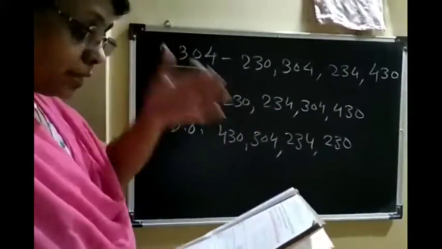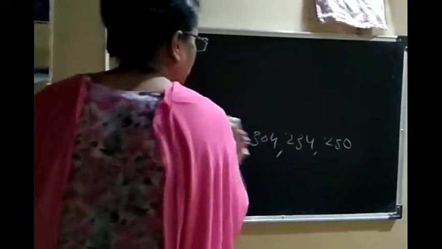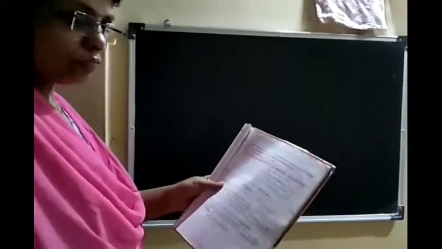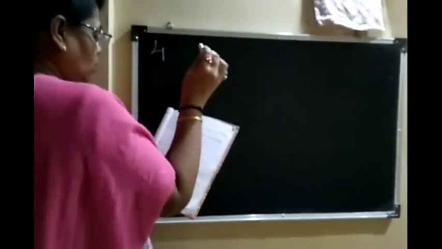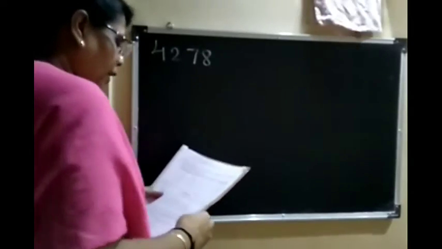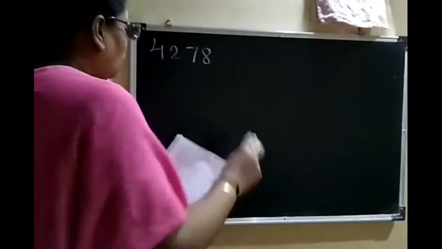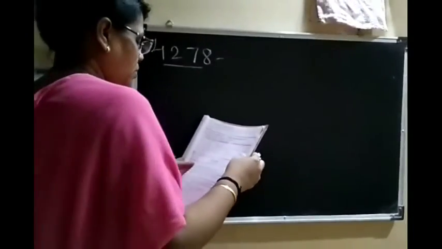Okay, one more example I will take here. It will be easier for you to understand. Any imaginary numbers you can take: 4, 2, 7, 8. From these given numbers make 3-digit numbers.